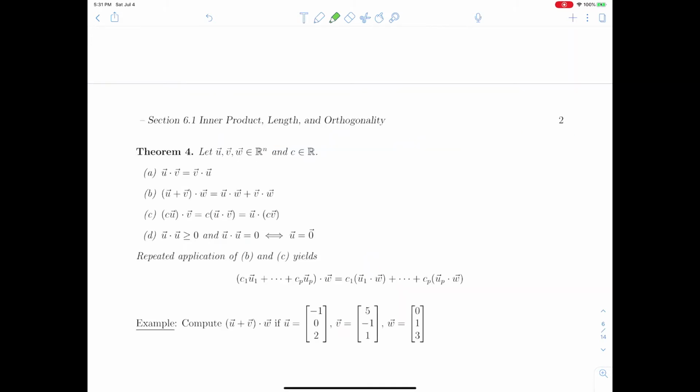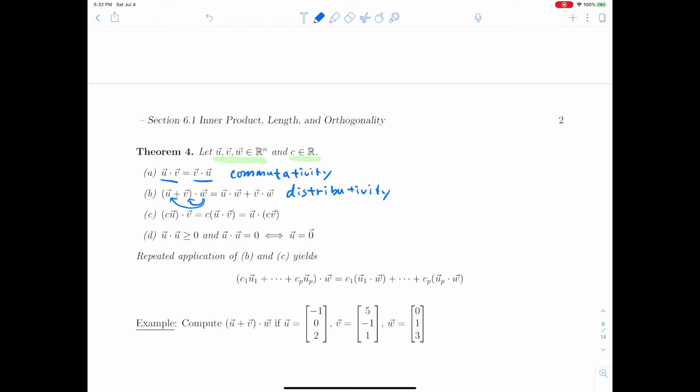There are some algebraic properties for the dot product. Suppose that you have u, v, and w in R^n and c to be a scalar. Then we have u dot v equals v dot u, so the dot product is commutative. And (u plus v) dot w equals u dot w plus v dot w, so basically we can distribute w into the parentheses.